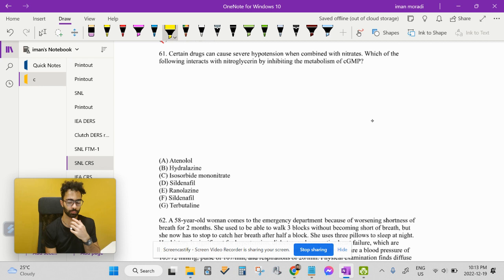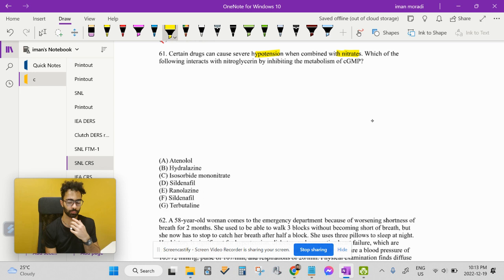Story time is over. Certain drug can cause severe hypotension when combined with nitrates. What can cause that? Sildenafil, all the phosphodiesterase inhibitors, they're actually contraindicated with nitrates.